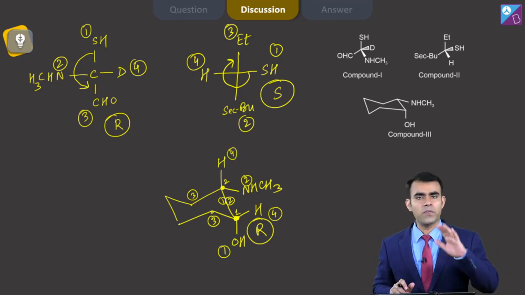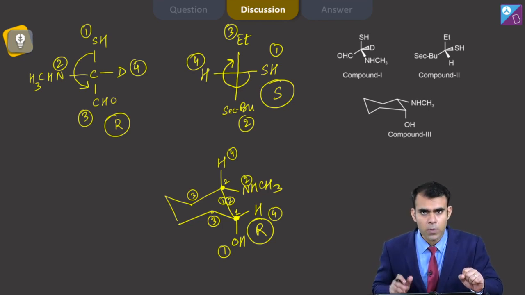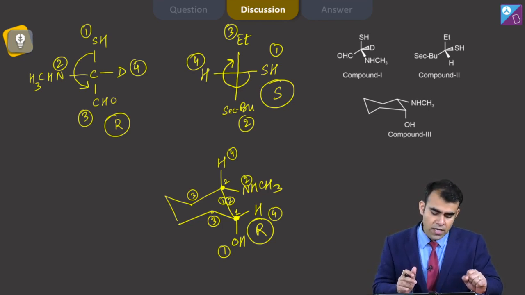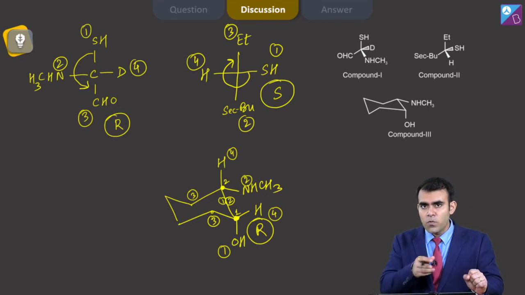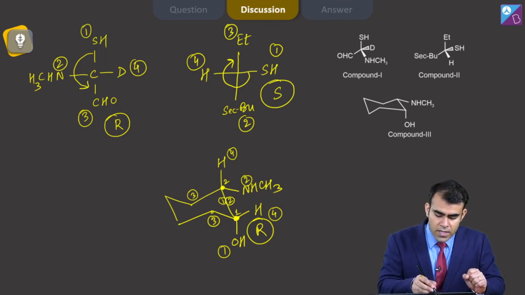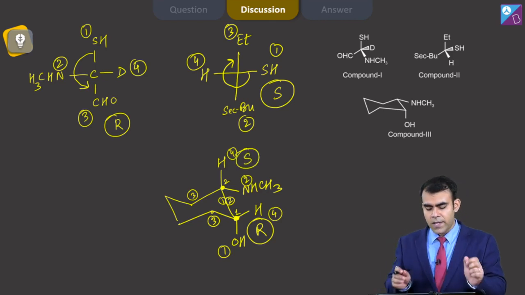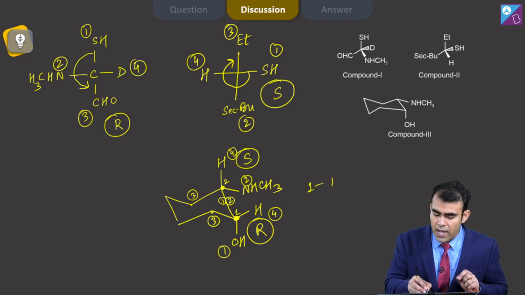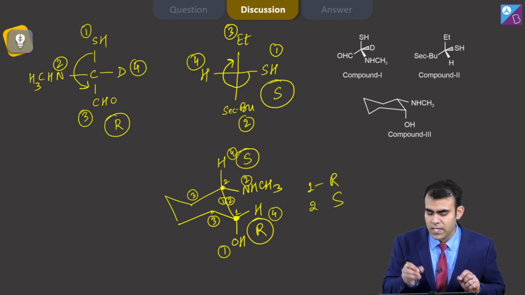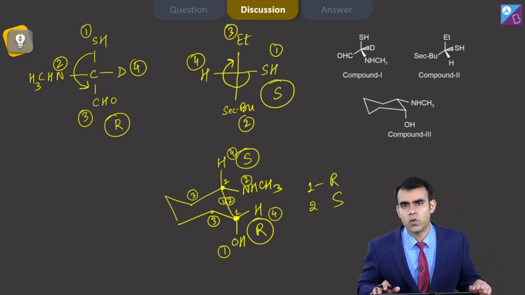Now again we have to hold the fourth priority group and look for 1, 2 and 3. And if I do this, it looks like I am moving in anti-clockwise direction, so the configuration of this one is S. So the first carbon is having R configuration, whereas the second one is having S configuration.